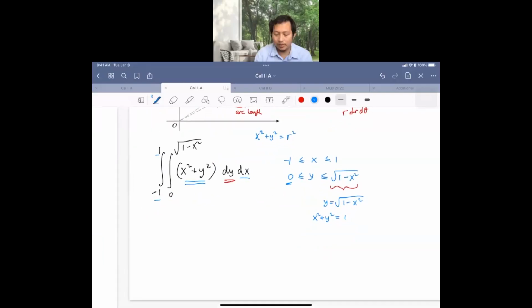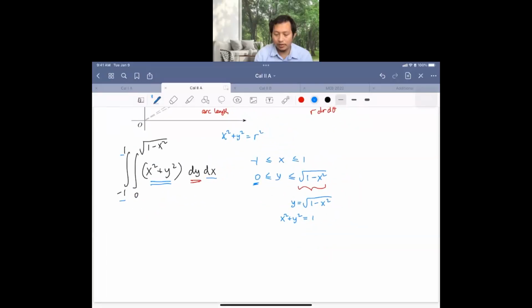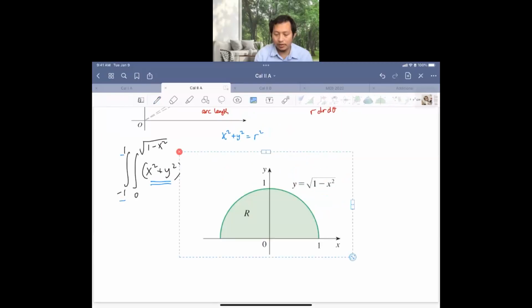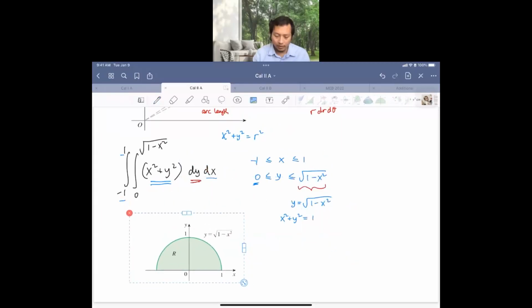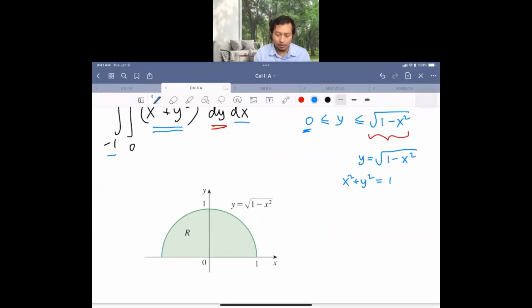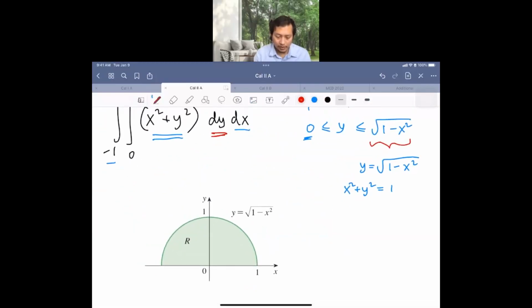Let me give you the drawing. Looking at the axes, x goes from -1 to 1, and y goes from 0 to the half circle, right?